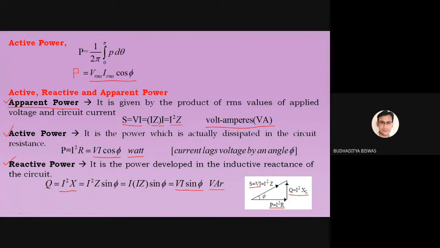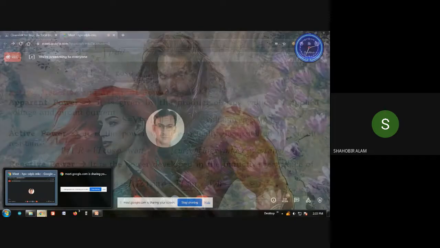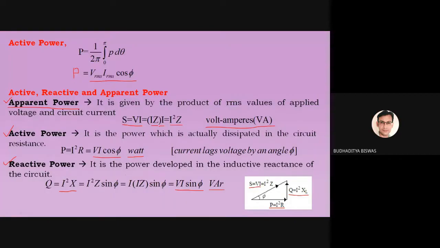So who actually gives you the power? Sir, the AC source. Yes, the AC source. So where is the AC source present? In your home, is there any AC source? No, sir, from the transformer.